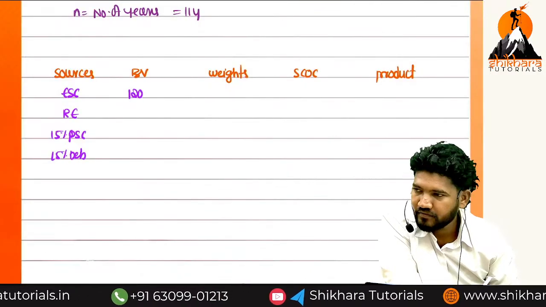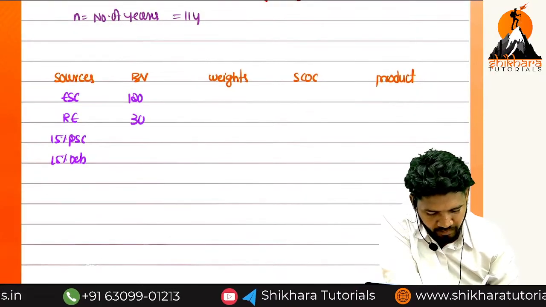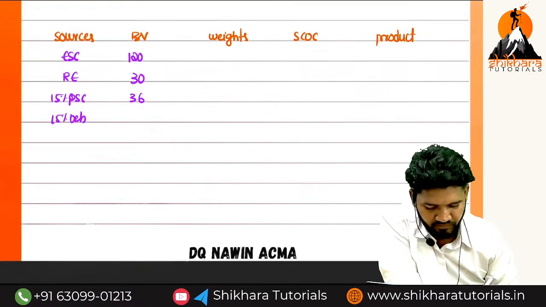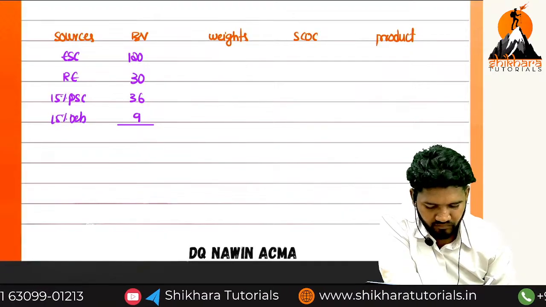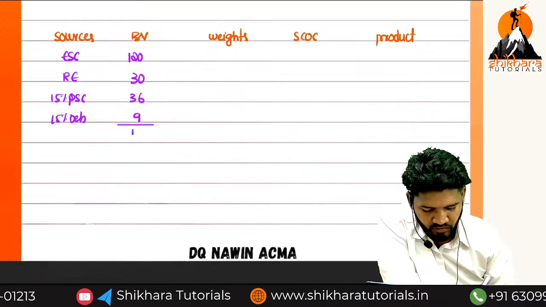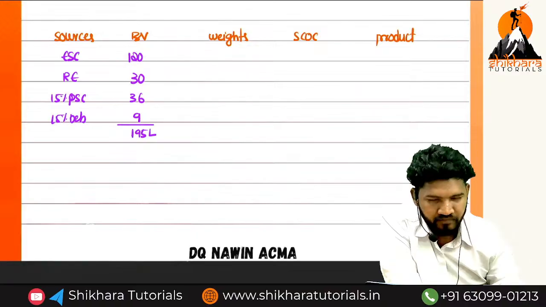Retained earnings 30 lakhs. Preference share capital, debentures, total 195 lakhs. Tell me about the weights.